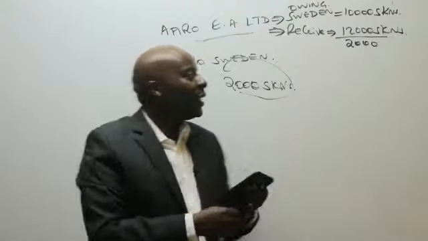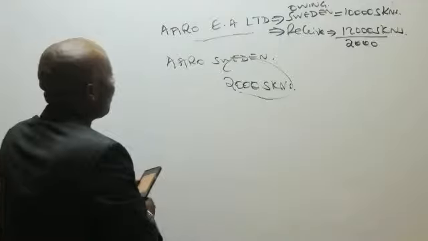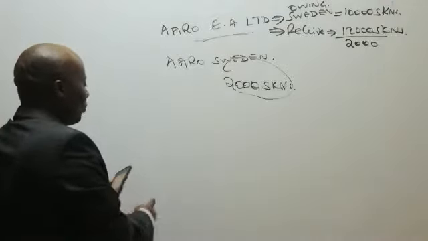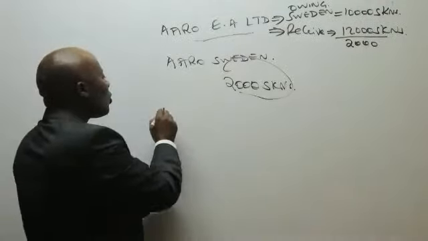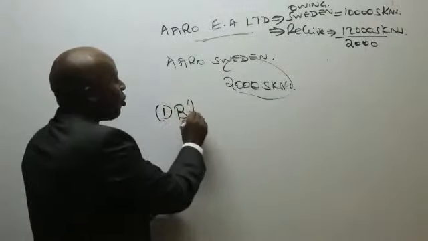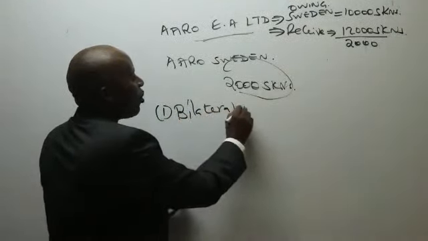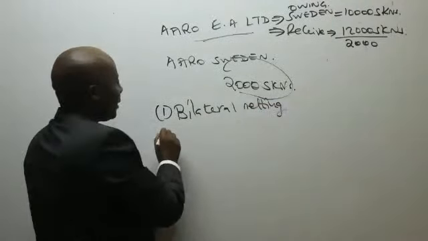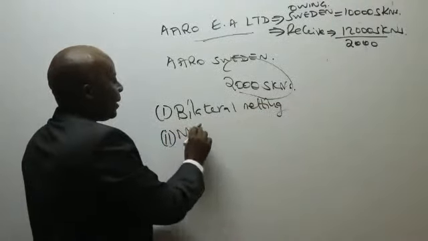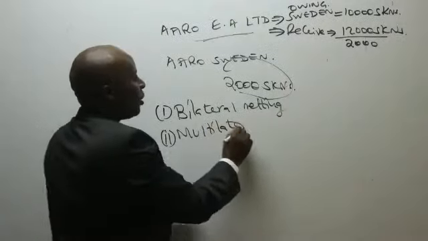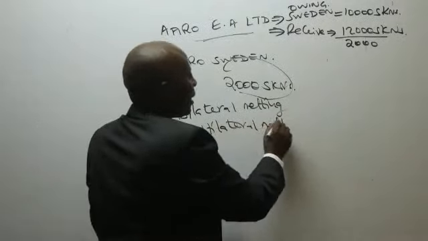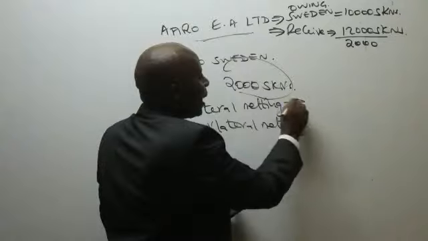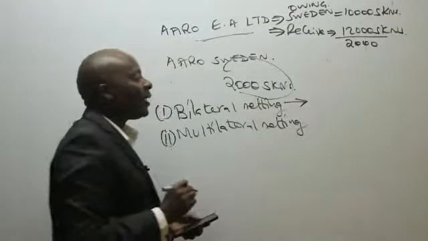We are supposed to know that there are two types of netting: bilateral netting and multilateral netting. Whenever they talk of bilateral, how many companies are involved?